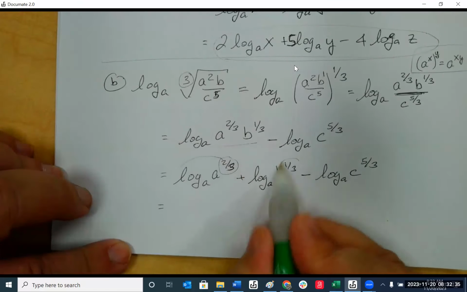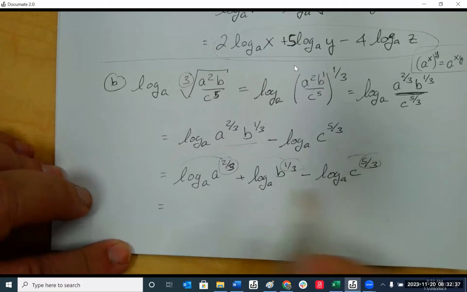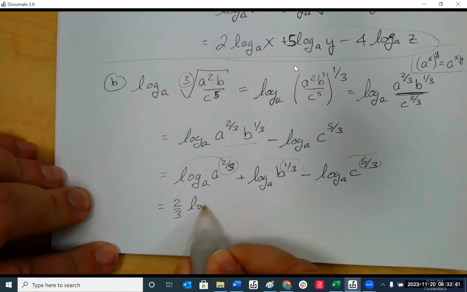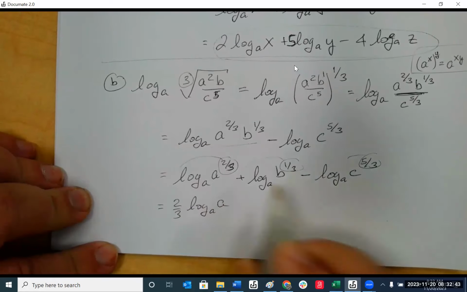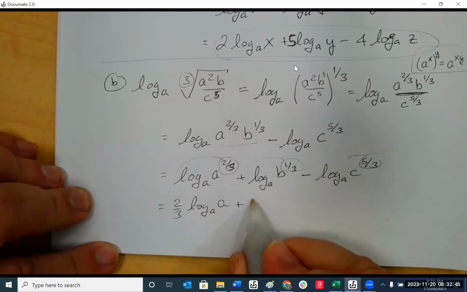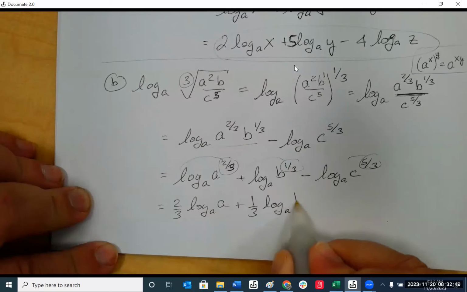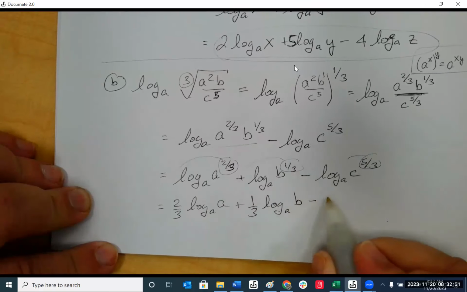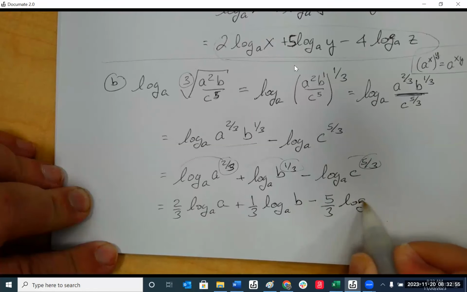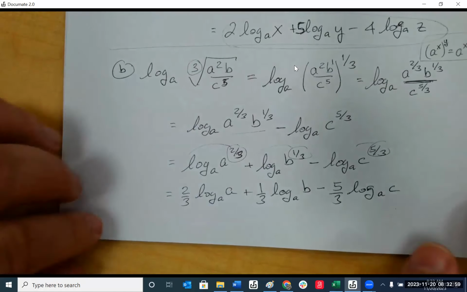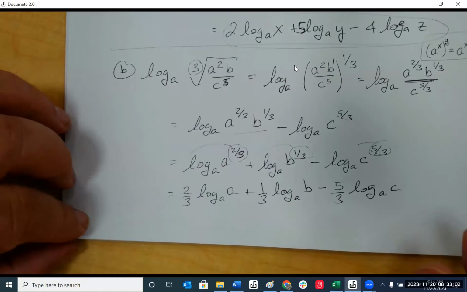We can't have exponents, so they come out front. We have 2/3, 1/3, and 5/3. Are we finished?